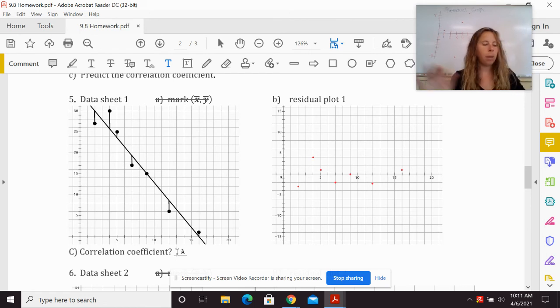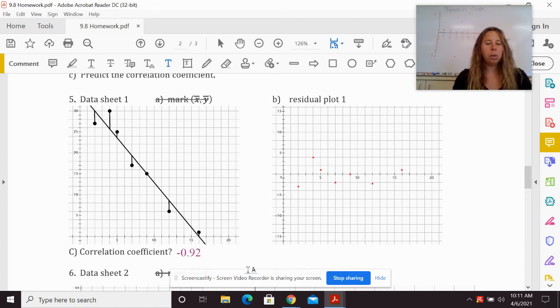So obviously you're going to have various answers here, and that's fine. However, they should all be negative because you have a negative slope. So it's negative 0. These are all really close to the line. The farthest away you have was like 4. So I'm probably going to say like 0.9.